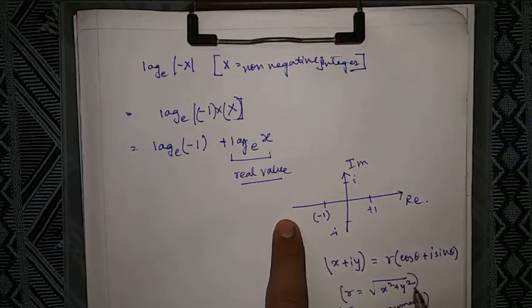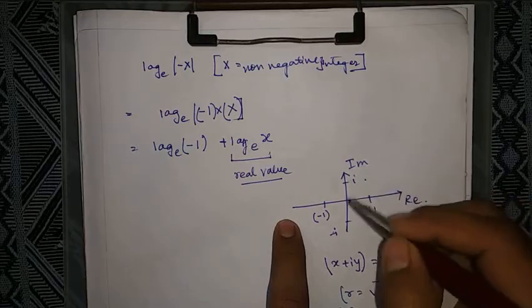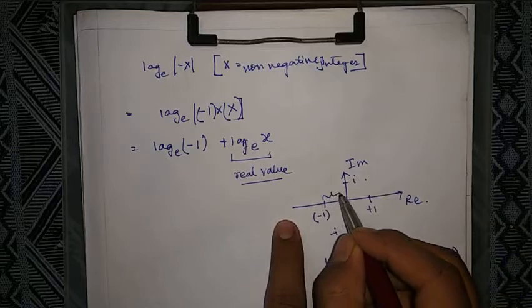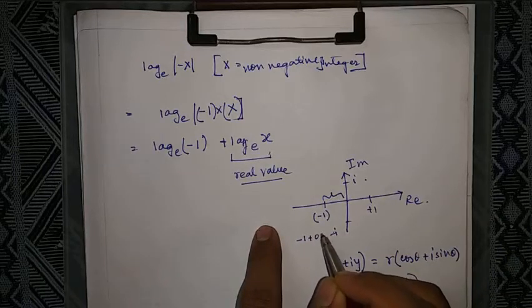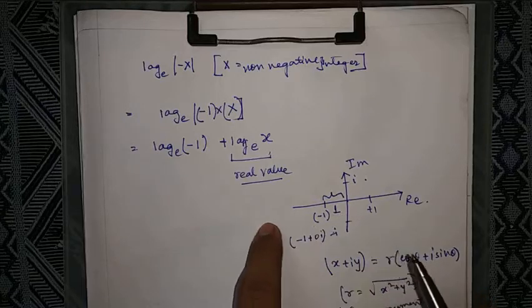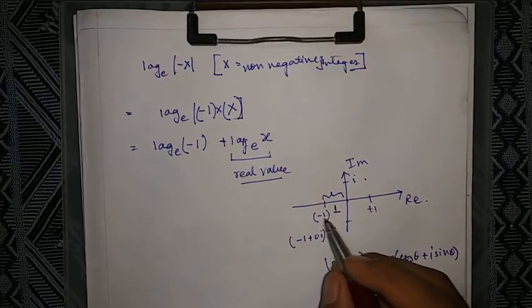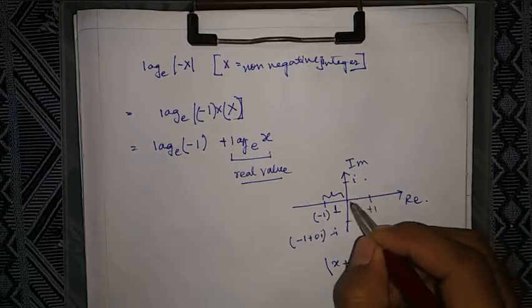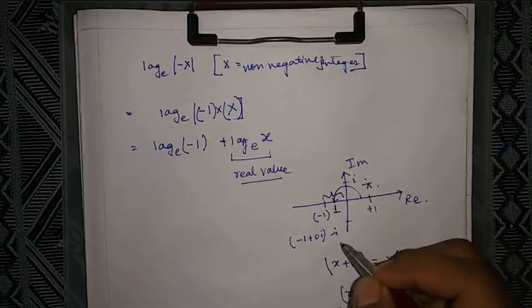Actually r means the distance of that point on the Argand plane from the origin. As we can see, the distance here, for -1 plus 0i, is 1. It is a distance, so we don't have to take the negative. So r is 1, and the argument, the angle made with the positive x-axis, is pi here.